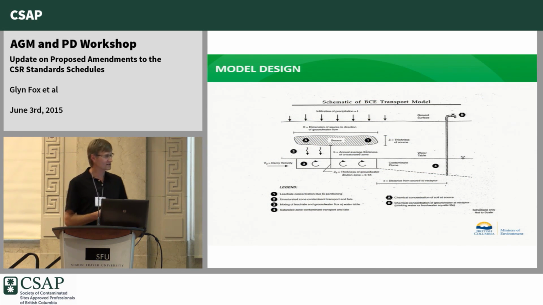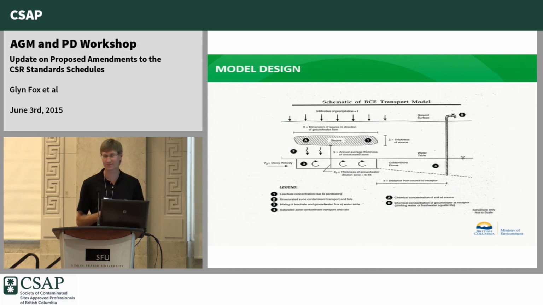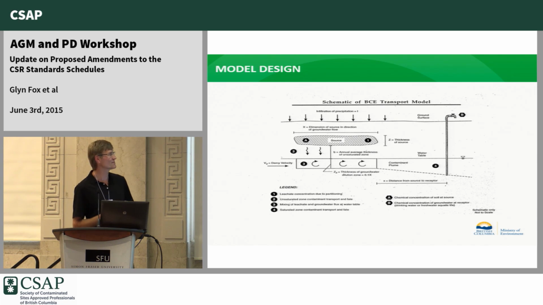So what does it consist of? Essentially we've got four processes. Starting from the top, this slide actually comes from 1995. Those of you who were on that initial working group workshop way back when might remember this slide. Essentially, we've got some kind of precipitation, rain, snow, coming through the surface.